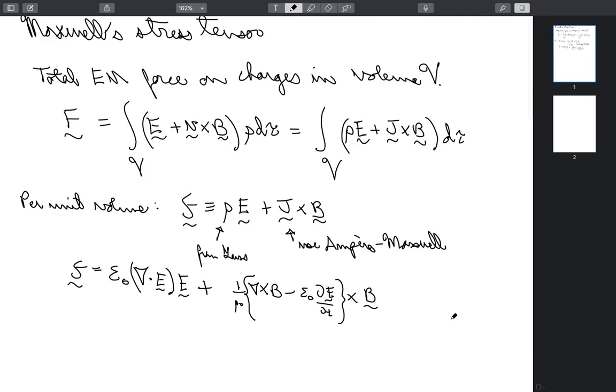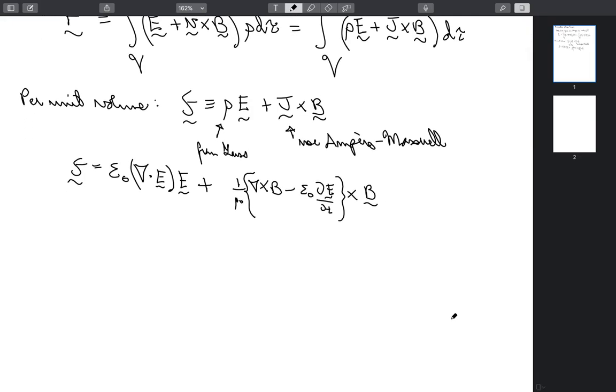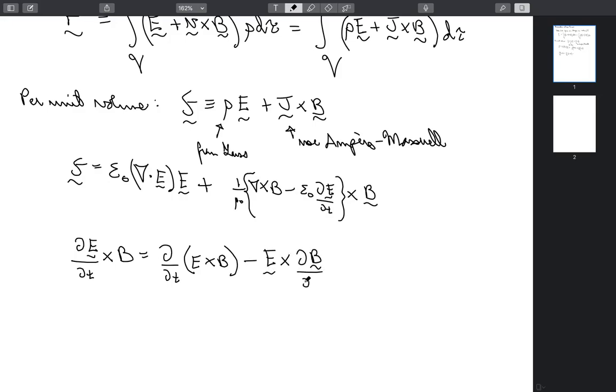Okay, now we can use a number of little identities for this. So first of all, you see I have a derivative of the electric field with respect to time crossed into B. But I can write this as if I was doing an integration by parts. This is like the d dt of E cross B, but now I have to subtract the extra term that I would generate, which is just E crossed into dB dt.